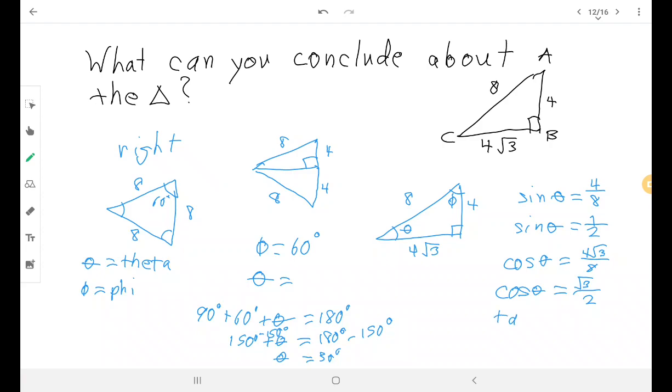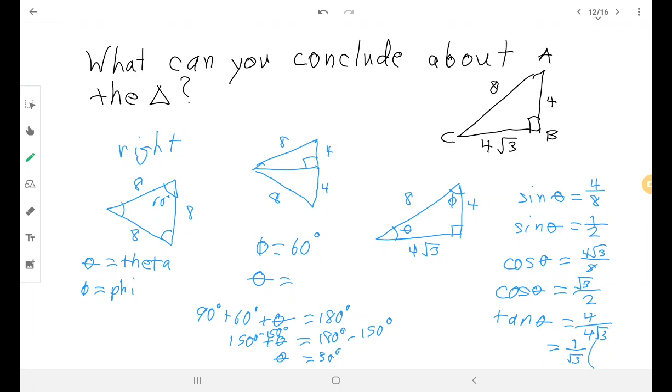And you could say the tangent of theta, which equals the opposite over the adjacent, is 4 over 4 times square root of 3, which is 1 over the square root of 3, which you could rationalize and do all sorts of other things with.